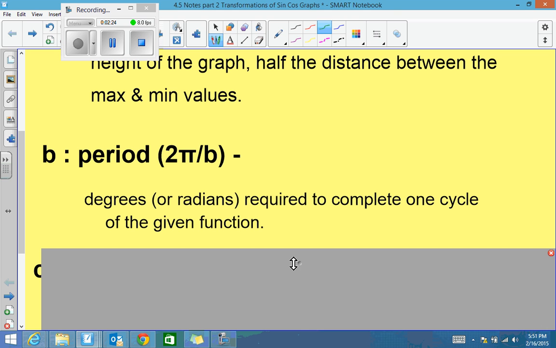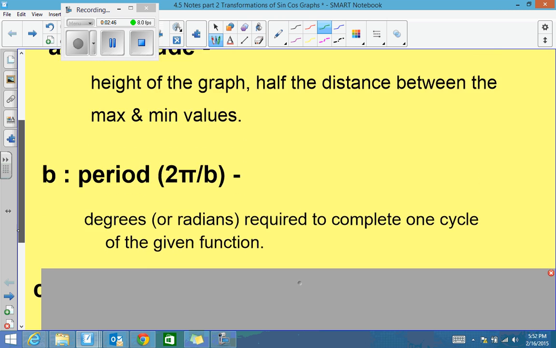So as we change those values in front of the x, that will change how fast we complete one cycle or how slow we complete one cycle. Or another way to think about it is how much of the cycle actually gets finished within 0 to 2 pi. And again, we'll look at that with some examples here in a second.